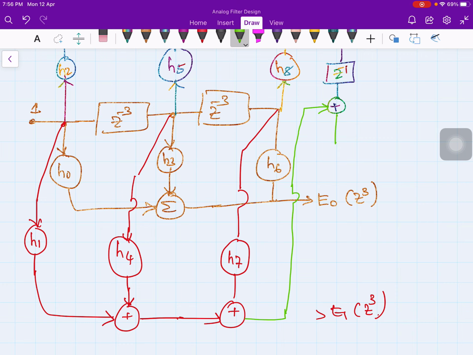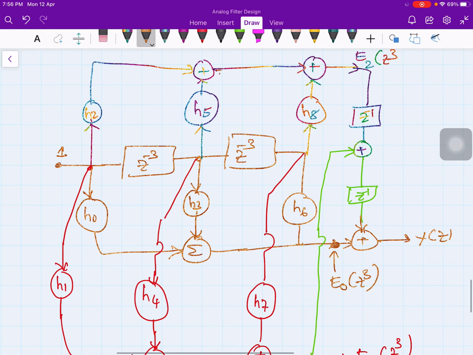Then you put one more delay. It becomes complicated. Let me write down here. Put an adder here. This is your final Y(z), and this point is E0(z^3).